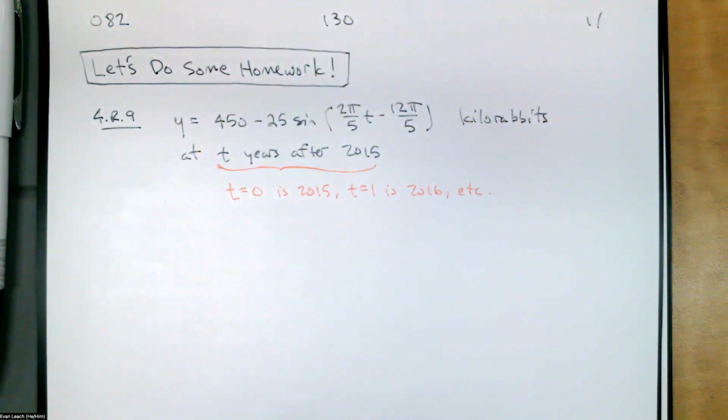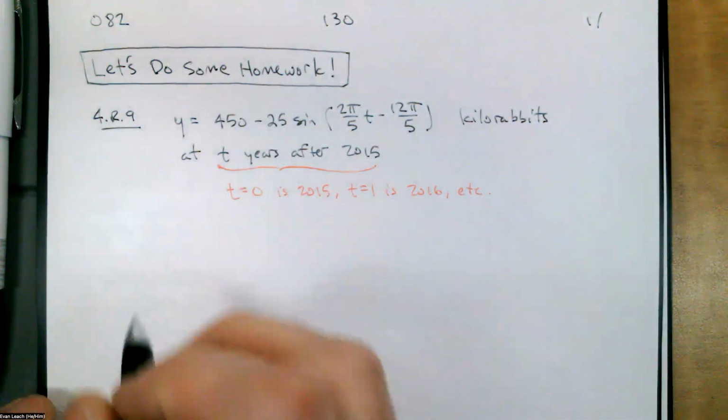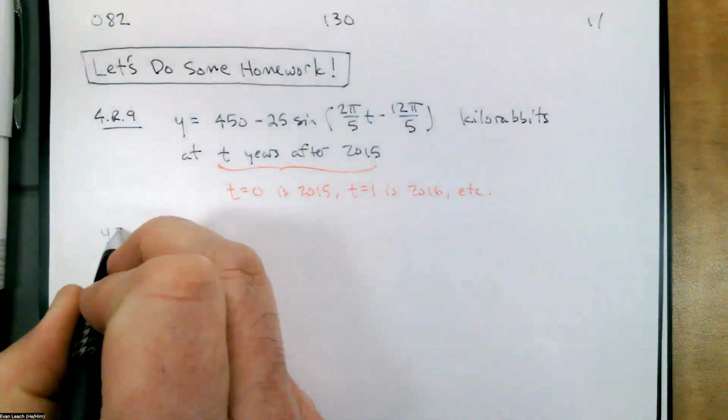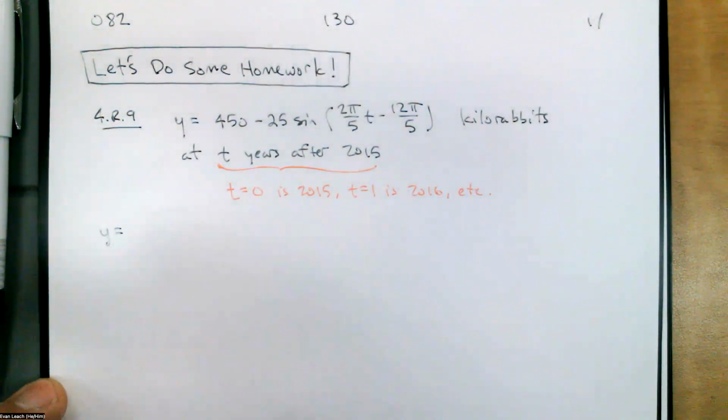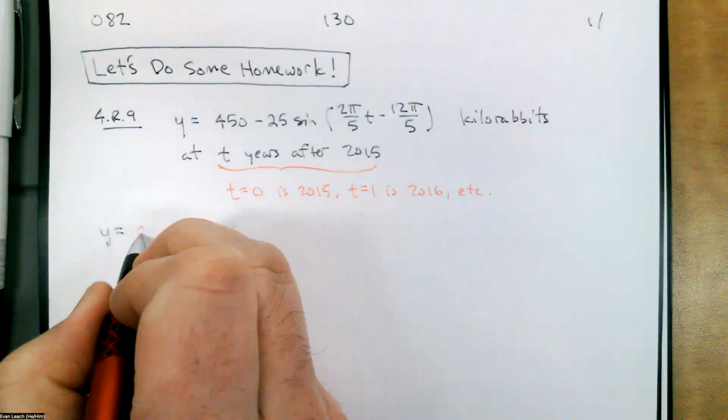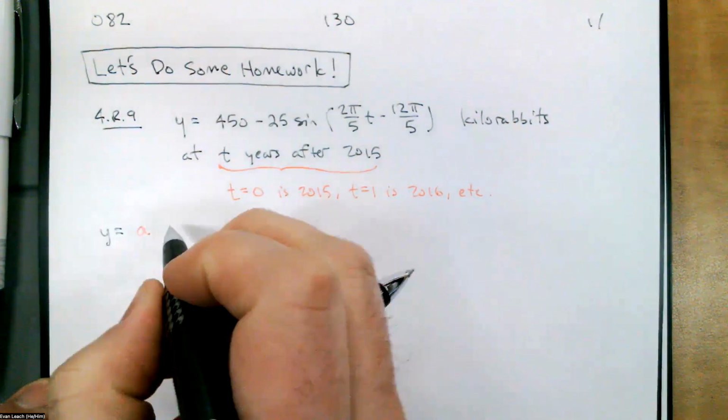We know that there are 4 things that we can identify about our sinusoidal functions. So if we have a sinusoidal function, y equals, we have a coefficient of the trig function.